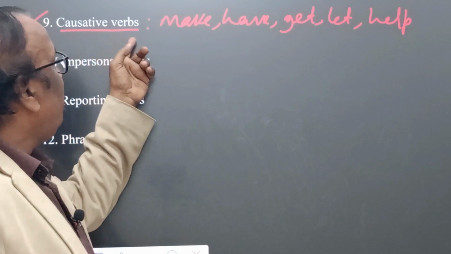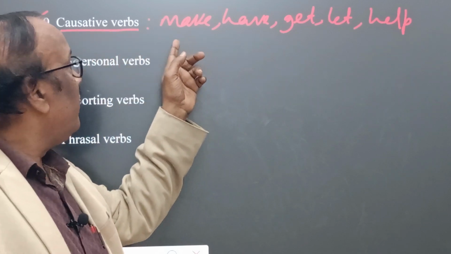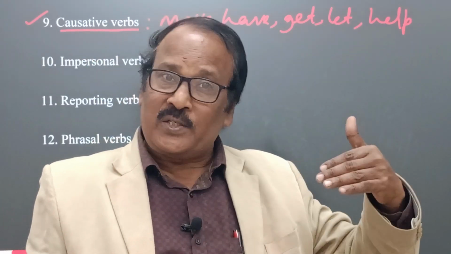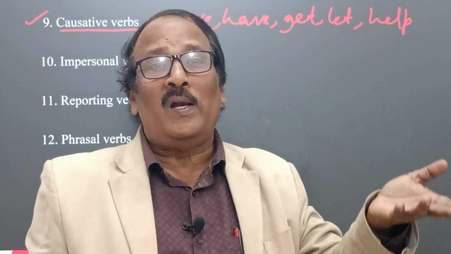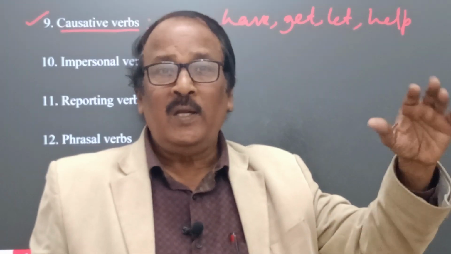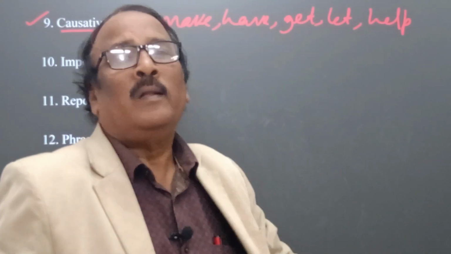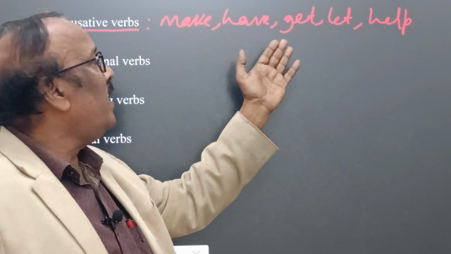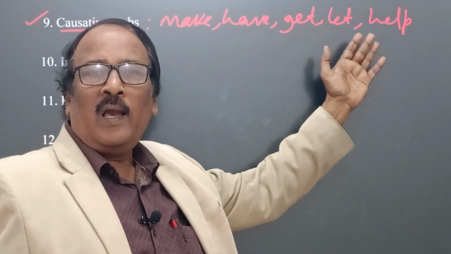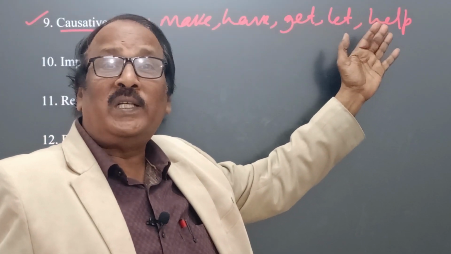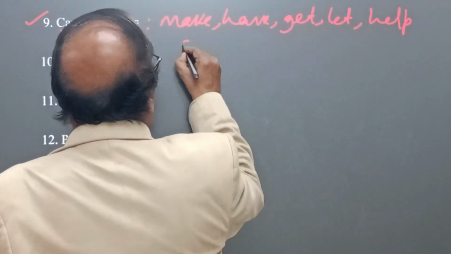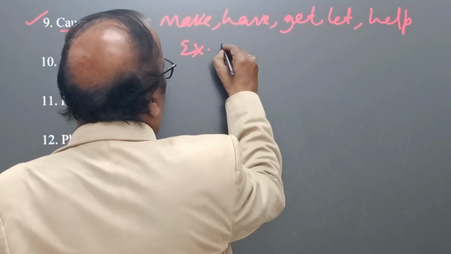Now come to causative verbs. In this case, the subject causes or enables something or somebody to do some action without doing it itself. Make, have, get, let, help are causative verbs. Here we find some examples.